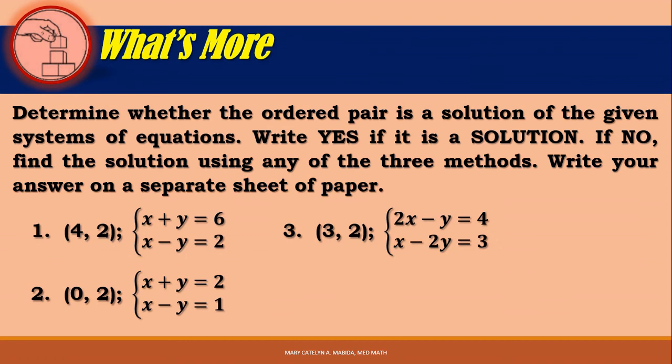What's more, determine whether the ordered pair is a solution of the given systems of linear equations. Write yes if it is a solution, and if no, find the solution using any of the three methods. Write your answer on a separate sheet of paper. We have 3 numbers to work on.